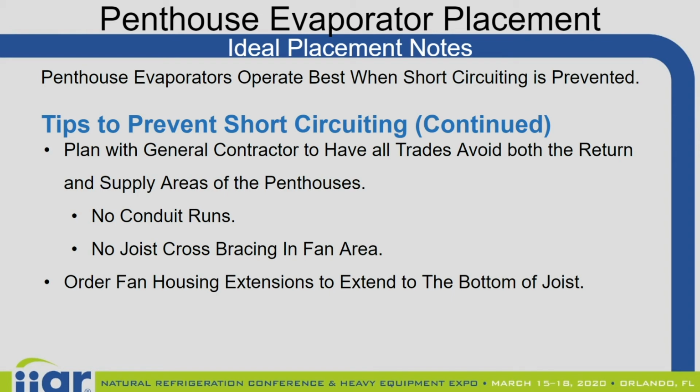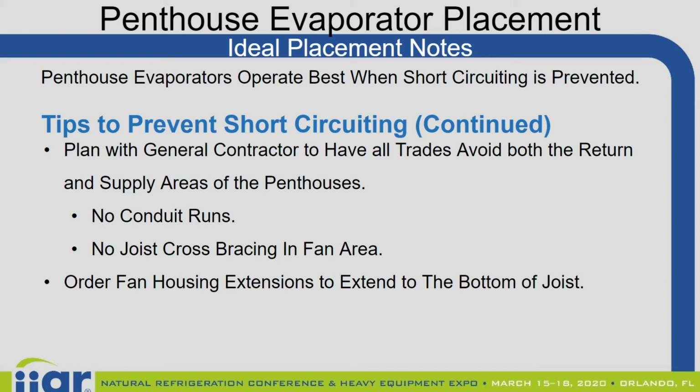So we're going to show an example of marking a drawing where we're calling out no conduit runs, no sprinkler mains, and it's really best to ask for no joist cross bracing in the fan area. We're going to want to bring a duct extension into that area, which we show in a future fan.